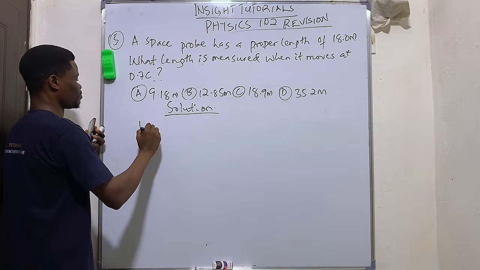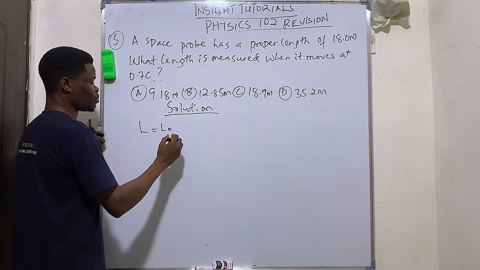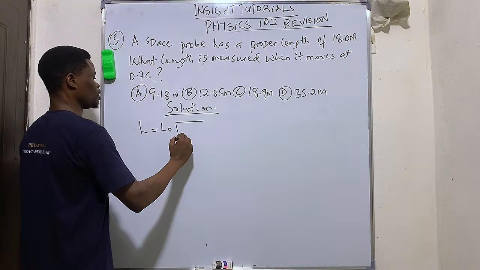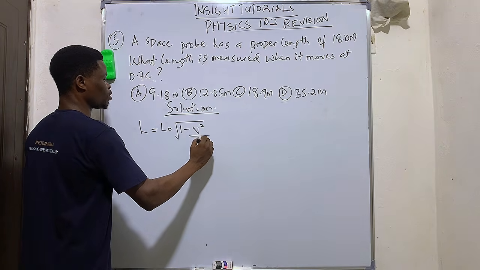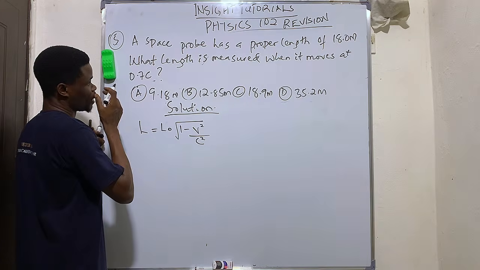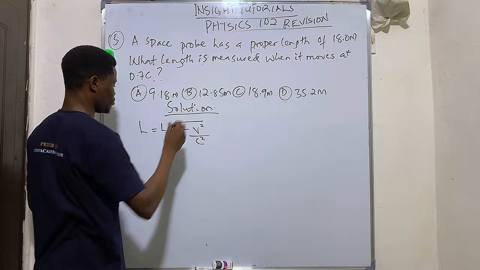So our contracted length equals our proper length times the square root of 1 minus the speed of the probe squared over c squared. From what we have, we're given our proper length as 18.